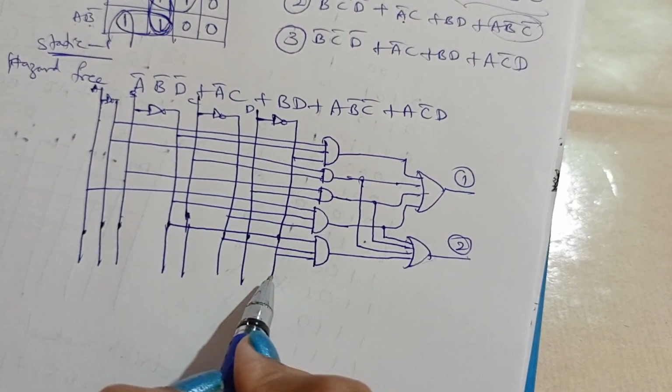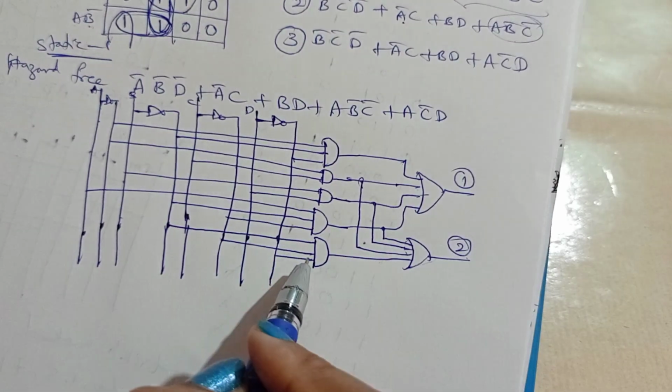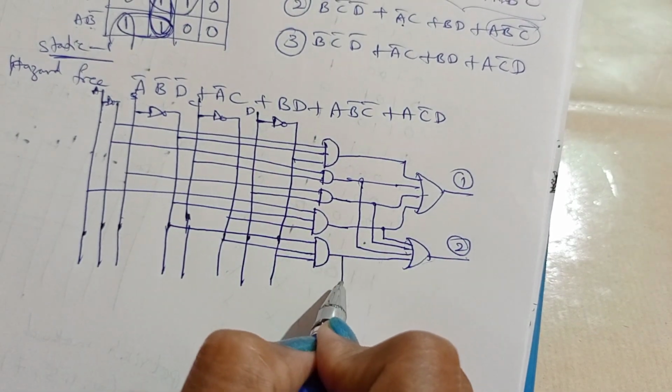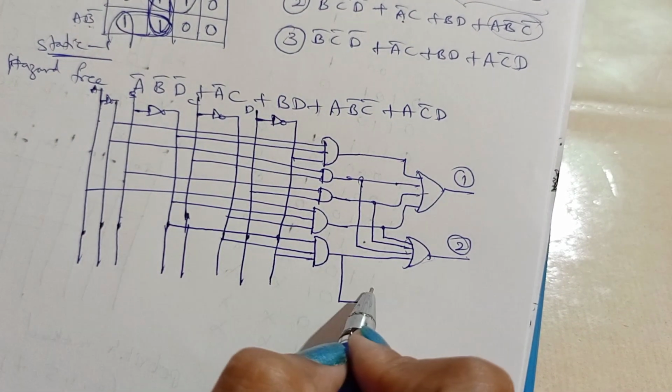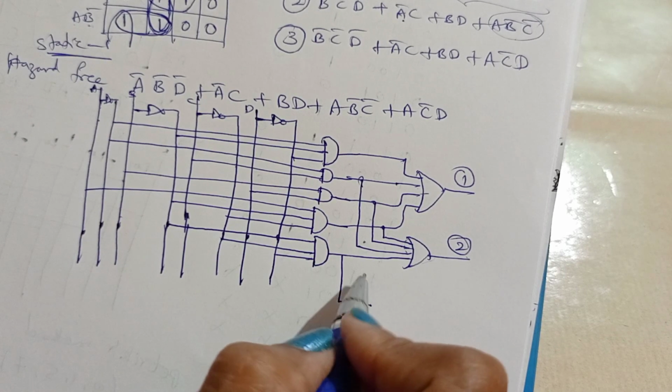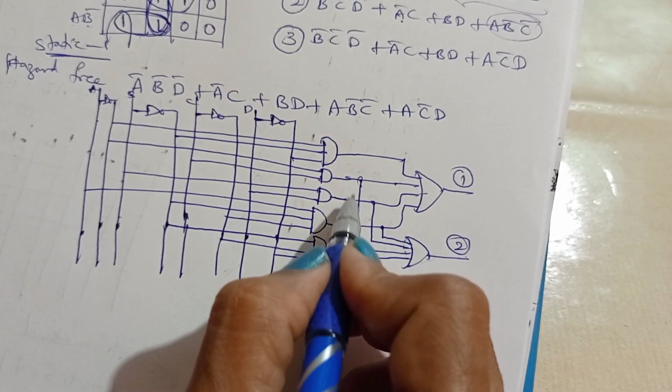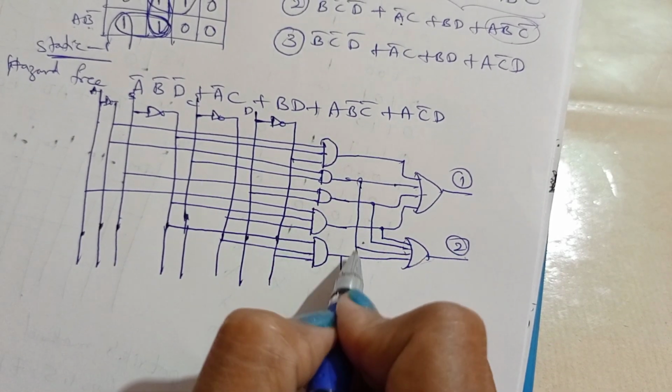Now the third circuit is this one, and A bar C this.